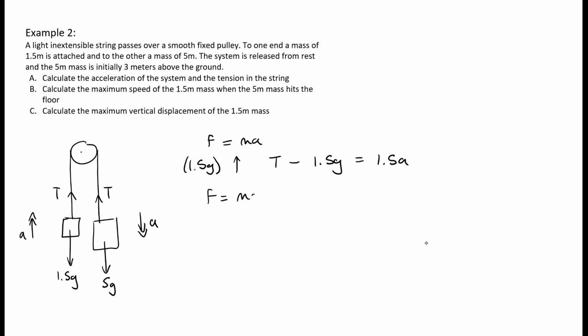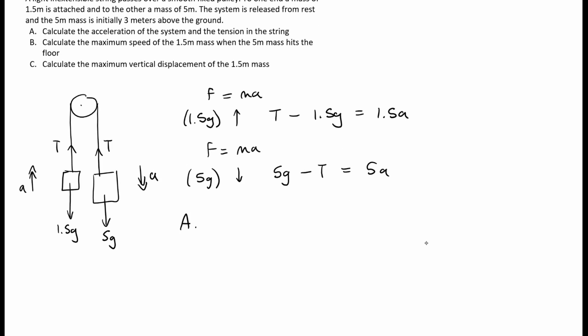And again, if we apply F equals ma to the 5g weight, taking down to be positive because it's accelerating down, we'd have 5g minus T equals 5a. It's minus T here because down is determined to be positive, so the tension which acts up in opposition must be negative.